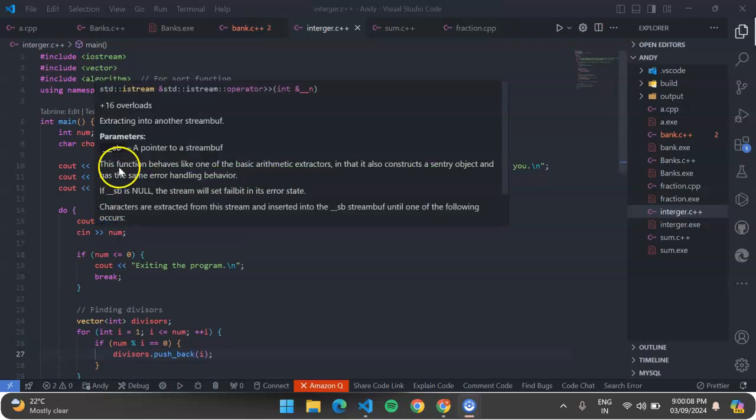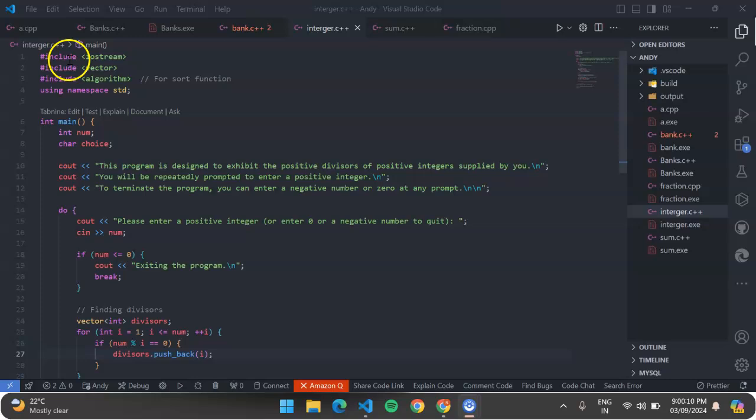And here it goes. We start at line 1 with our iostream, string, vector and algorithm.